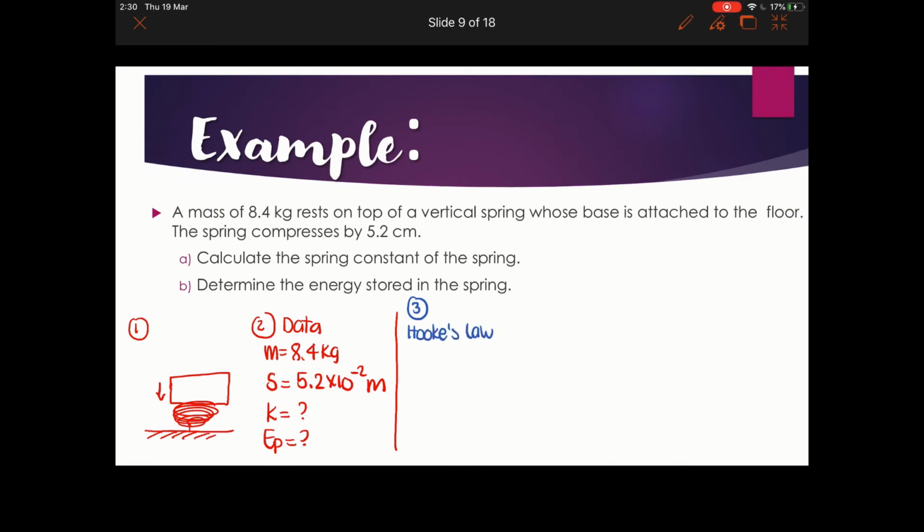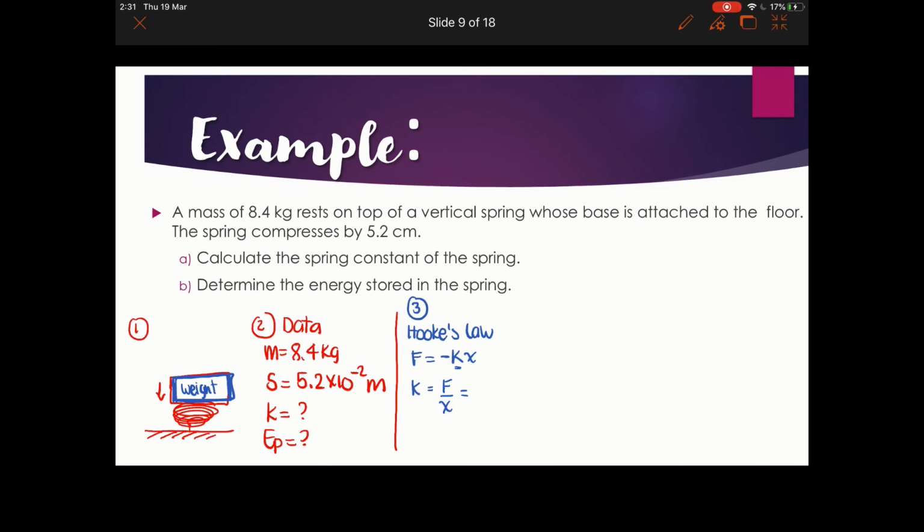Okay, we have to consider Hooke's law that states that the force of a spring equals the constant of the spring times its displacement. And remember, the negative sign is because the displacement and the force are in opposite directions. So I'm going to isolate k, but look, because the mass is over the spring, the force that the mass is exerting is its weight.